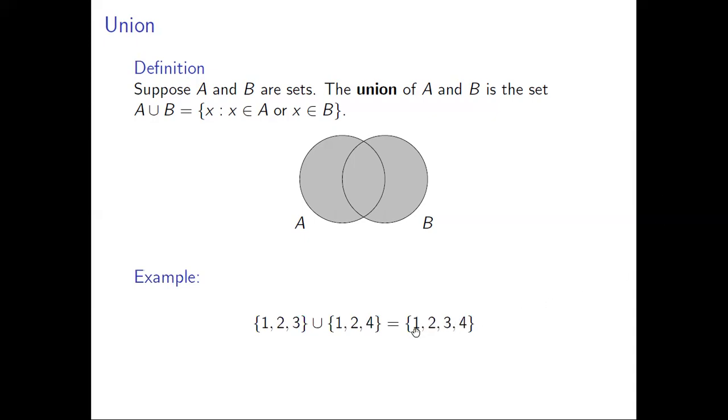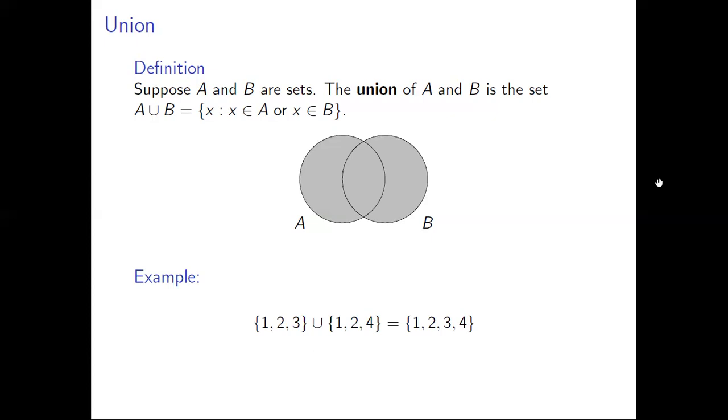If for example this number 1 is in the first set and in the second set, no problem, it's still part of the union because it's an element of A or an element of B. That's true. The general meaning of or is inclusive. It could be that you're part of both. That doesn't invalidate you.